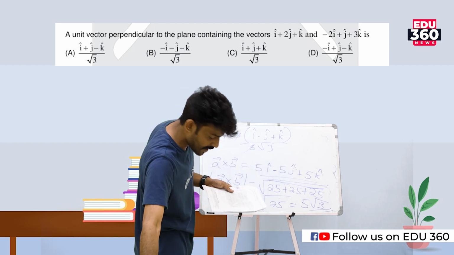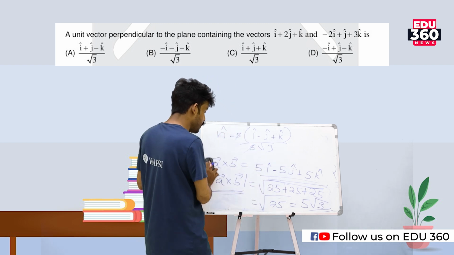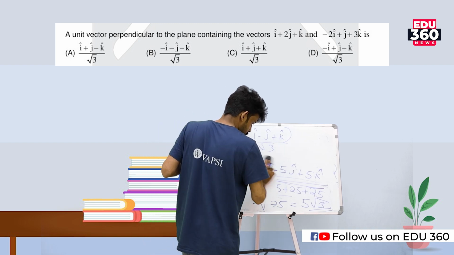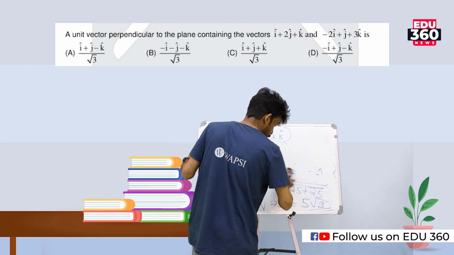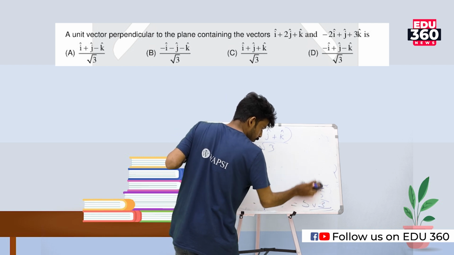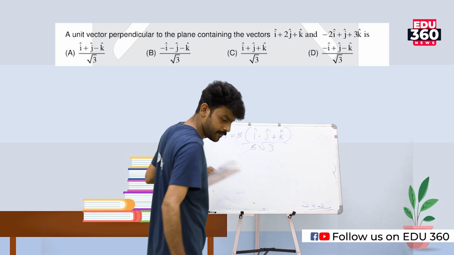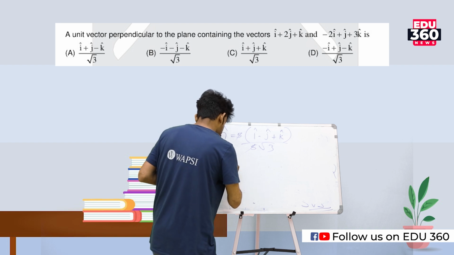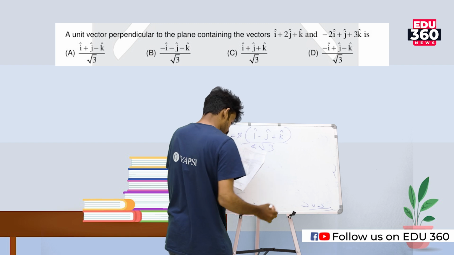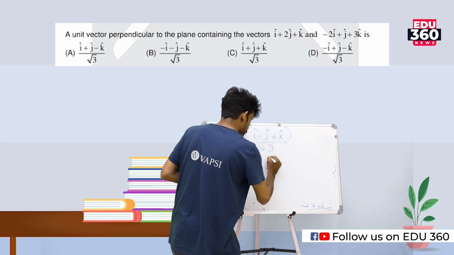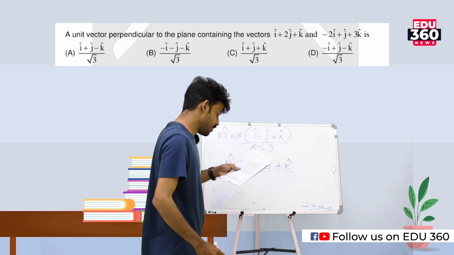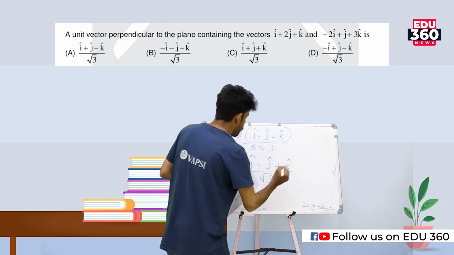So in the next step, n cap will be equal to i cap minus j cap plus k cap divided by root 3.